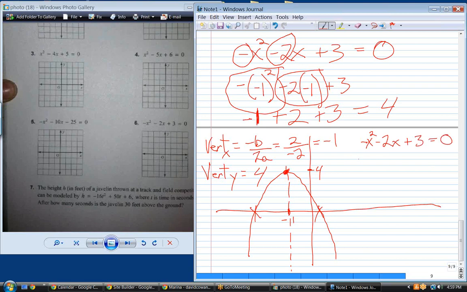Now, what did I do last time I had a negative coefficient in front of the x squared term? I divided the entire equation by what? By negative 1. Okay, and that just changes the sign on everything. Now it's quite easily factorable.